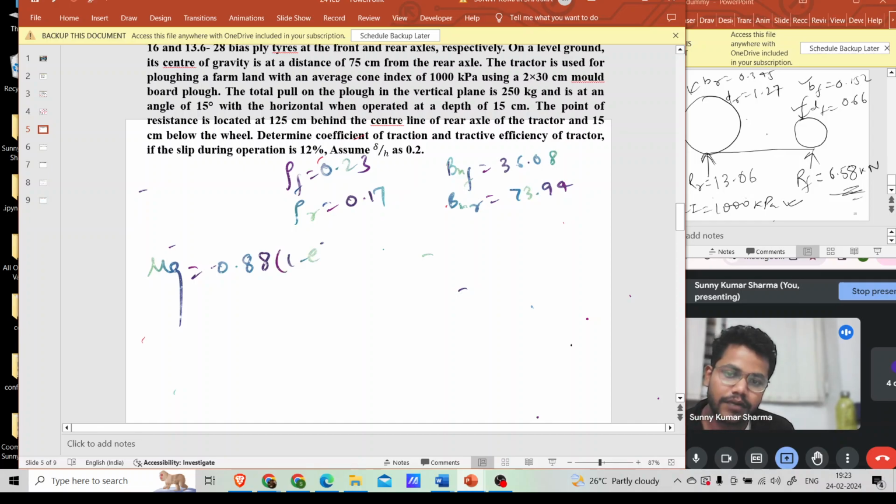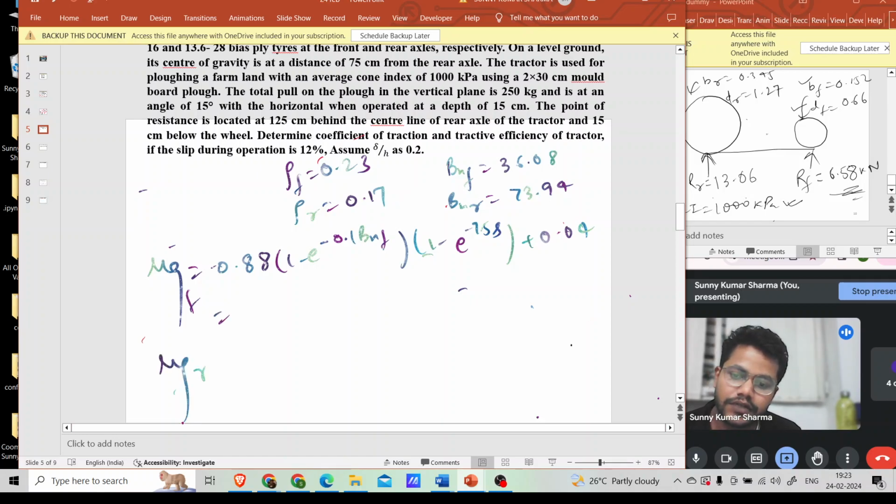times 1 minus e to the power minus 0.1 Bn for front wheel, into 1 minus e to the power minus 7.5 slip, plus 0.04. Now you do this calculation for front wheel and for rear wheel. Do you need any value?